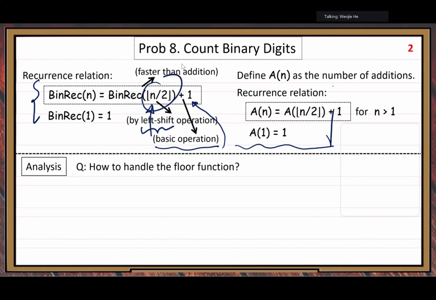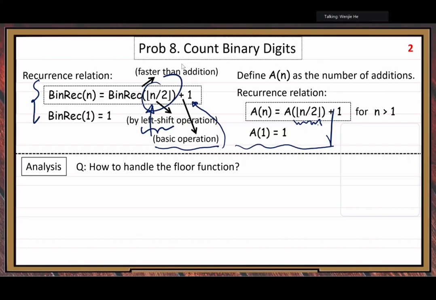But here, in our problem solving, we can see the hardest part in this representation is the floor function. How to control it, right? So there is some uncertainty here. Because n over 2, sometimes you need to round it down, sometimes you do not need to round it.